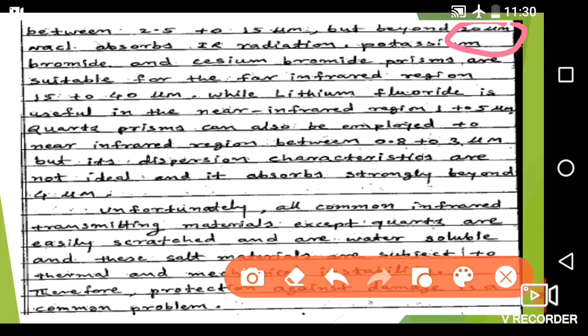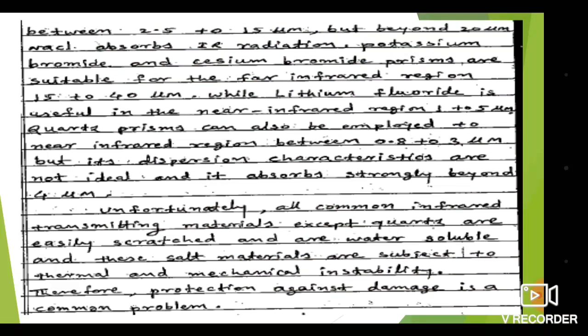NaCl absorbs IR radiation, which is the drawback of the NaCl crystal. From 2.5 to 15 micrometer it transmits or disperses the light into monochromatic light. But beyond 20 micrometer NaCl does not work as a monochromator for IR radiation because it itself absorbs the IR radiation.